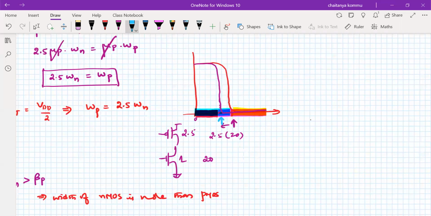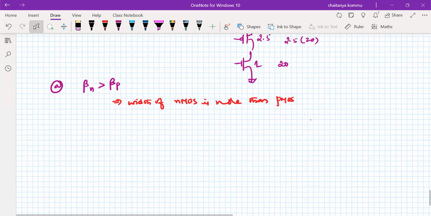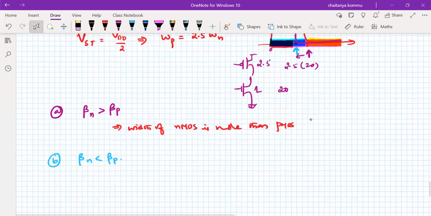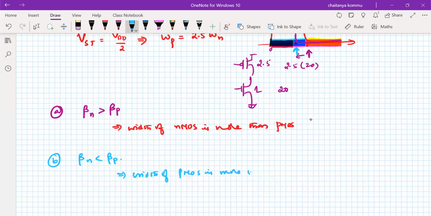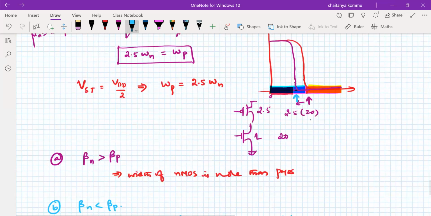So if you consider another case, case number B, if beta n is less than beta p, and Wp is more, what happens to us? It means the width of PMOS is more than NMOS. In this situation, what will happen?